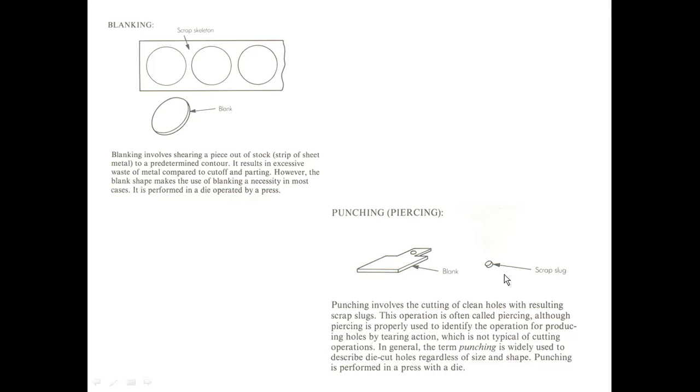You have observed in paper punching, you are punching holes in journal papers. The punch will cut these two holes; these two holes in the paper are required, whereas the part of the paper that is taken out is nothing but the scrap.